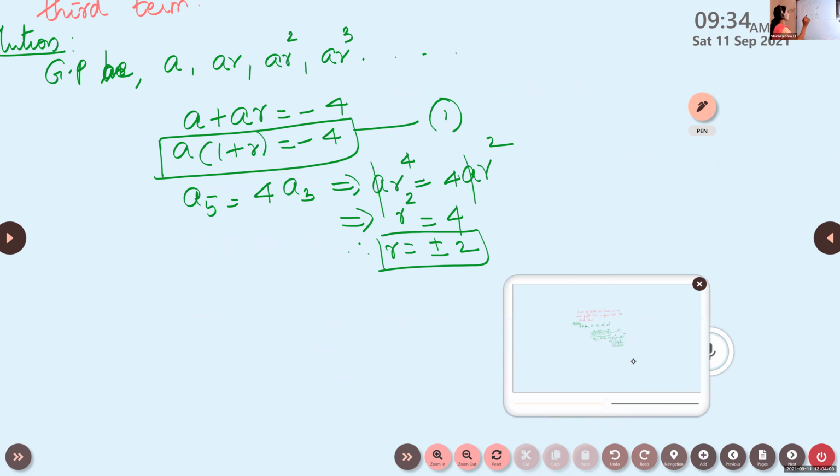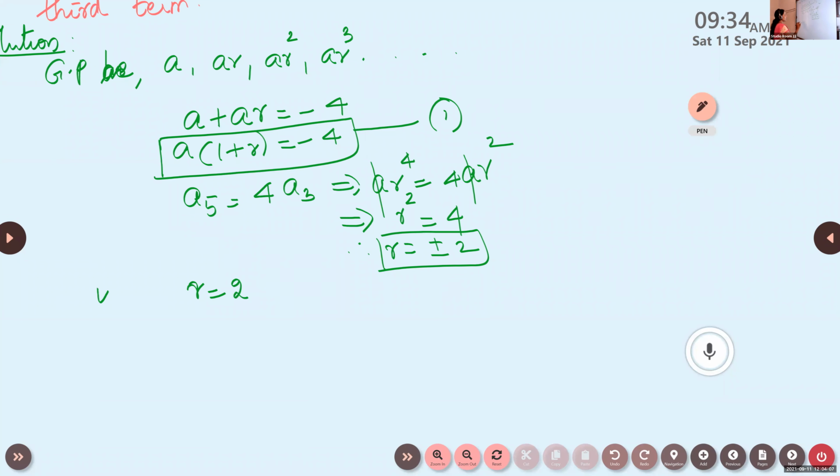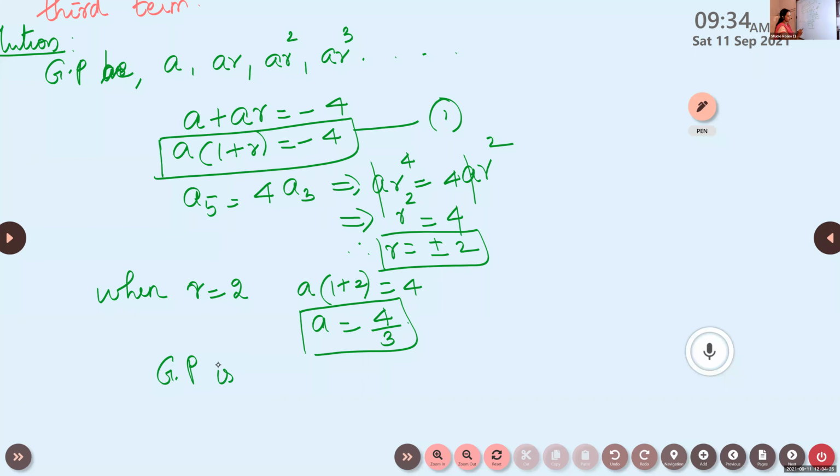If r is 2, find out what is a. When r is 2, a into 1 plus 2 is minus 4, isn't it? From the first equation, we get a as minus 4 by 3. So in this case, what is the GP? Therefore, the GP is a, ar, ar square, and so on.